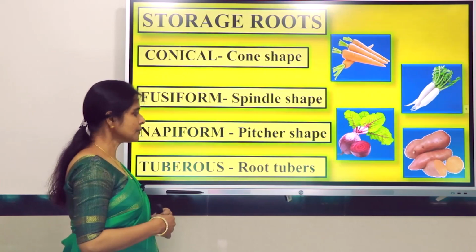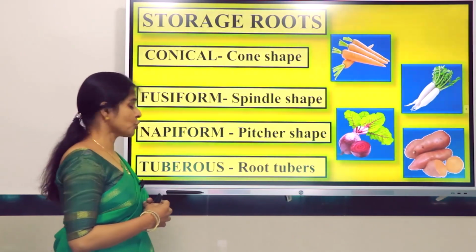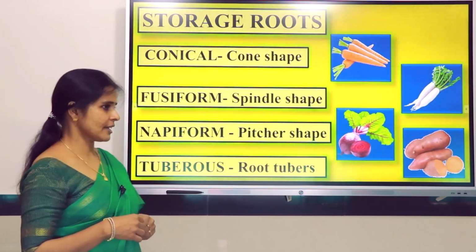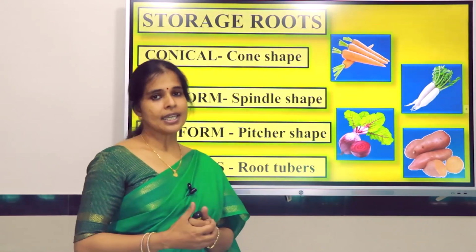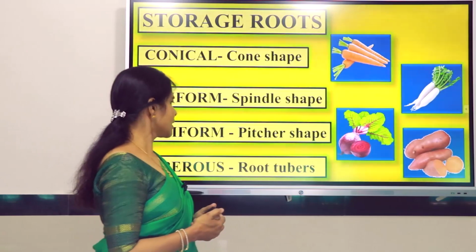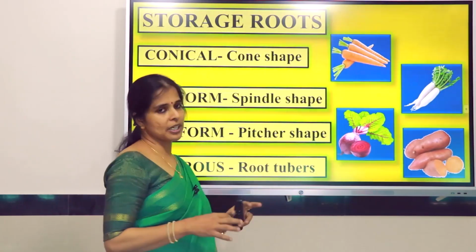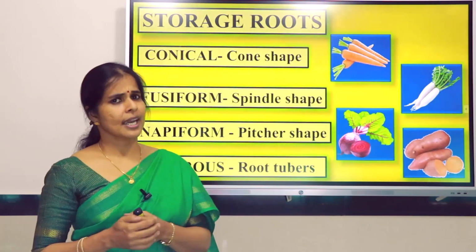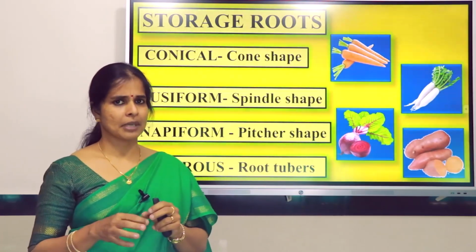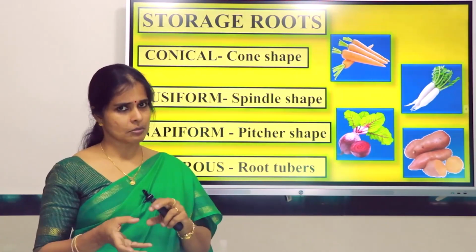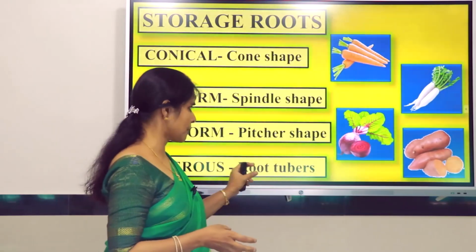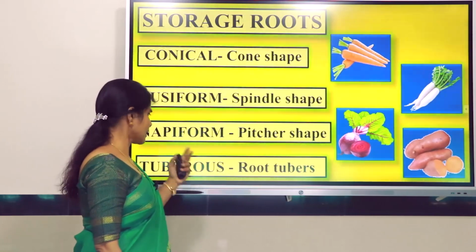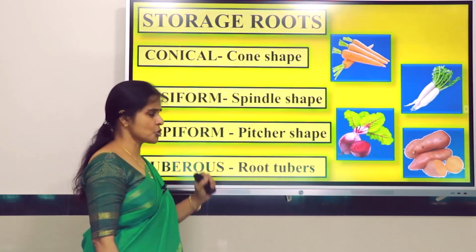The last one is tuberous roots, where the root stores the food and forms tubers, that is, a swollen portion of the root, maybe sometimes elongated, sometimes round, with no particular shape. A shapeless one is generally known as tuberous or root tubers.